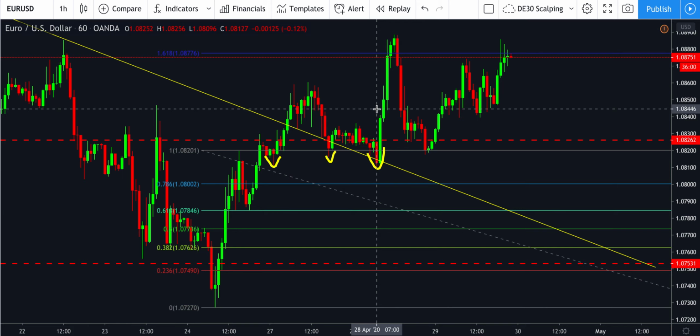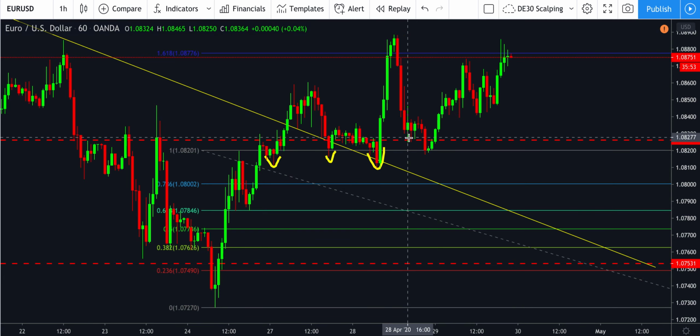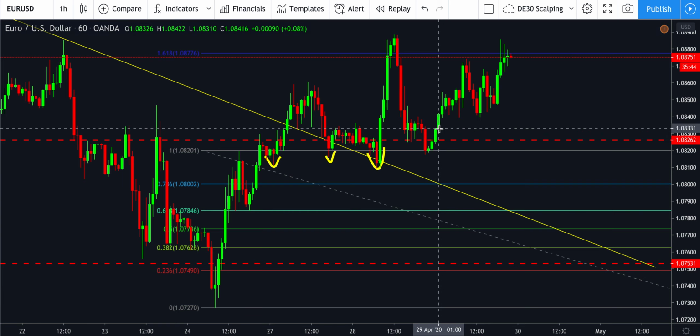Why? Because if you were just trading, you would get a trade at this area, and then if price reverses, you would see this first candle going above 1.0825, and then you just switch from a seller to a buyer, because you are a day trader.